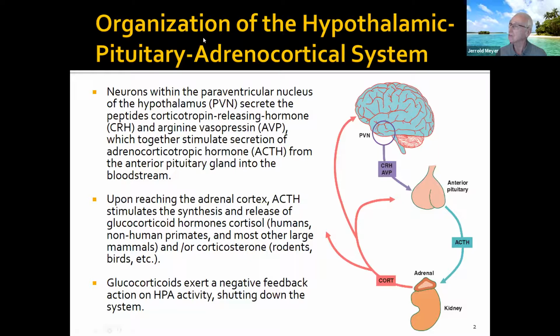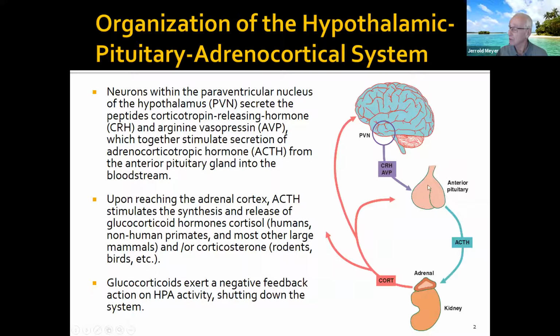The reason these are called glucocorticoids is because one of their earliest known functions was on the disposition of glucose, or sugar, and hence the term. The other thing the diagram shows is that once it's released, cortisol or corticosterone exerts a negative feedback action. We're going to be talking about the receptors in a moment.